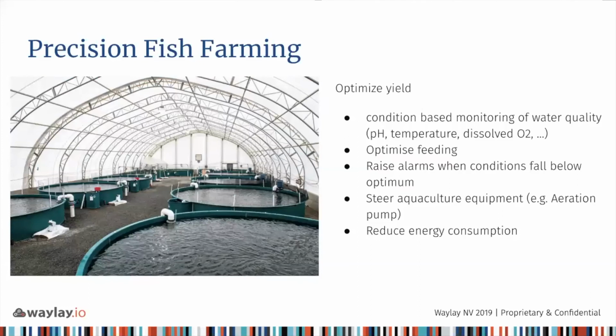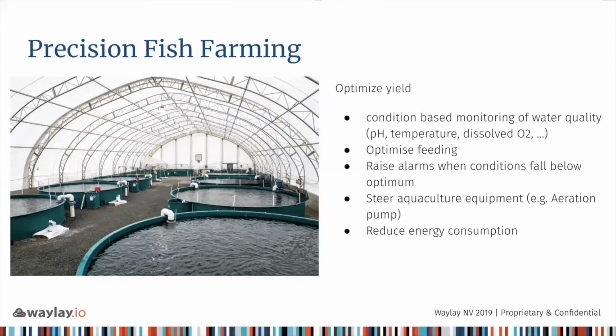But in these fish tanks, it is very important to monitor the quality of the water, and the water quality has a direct effect on the yield, obviously. Water quality is expressed with different metrics: the temperature, dissolved oxygen, pH levels, and so forth. pH is basically the acidity of your water, and it has an impact on the growth rate of your fish, and there needs to be a good equilibrium to optimize the yield.